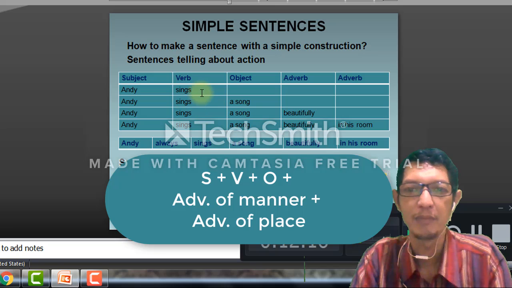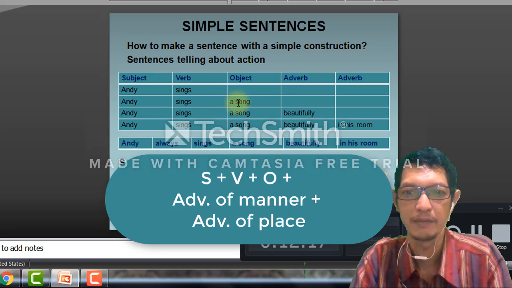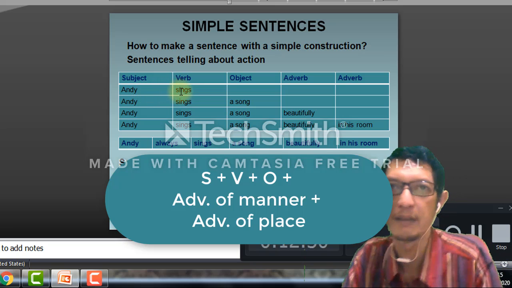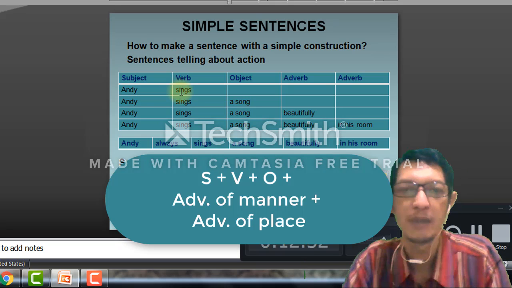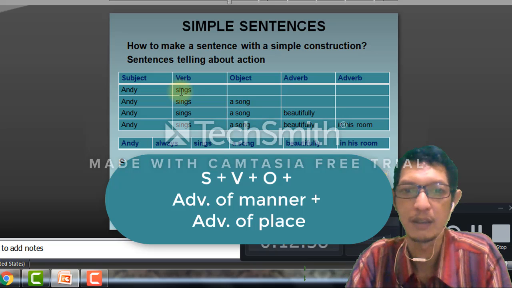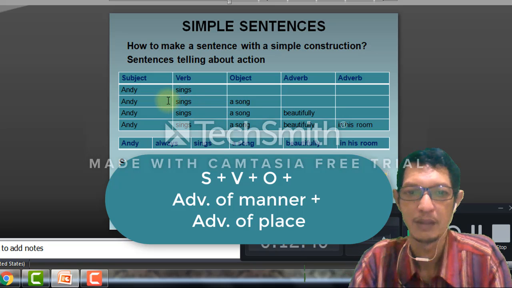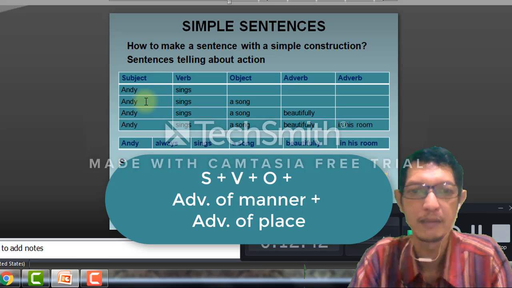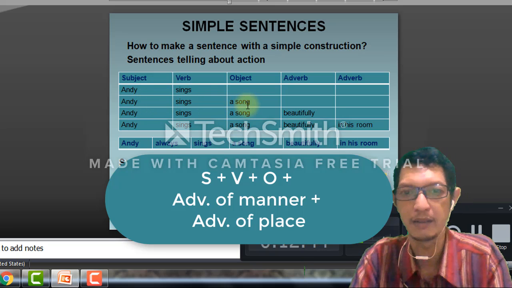So I'm going to put a noun here to make the sentence complete. Andy sings a song. If you only use Andy sings, maybe people will ask, oh, what song? What song does he sing? So you can make it complete. Andy sings a song.